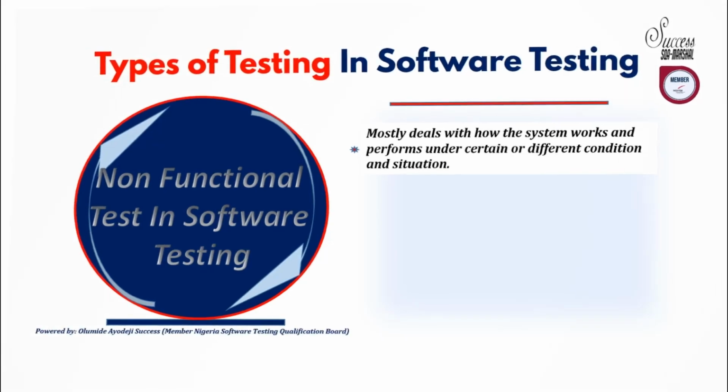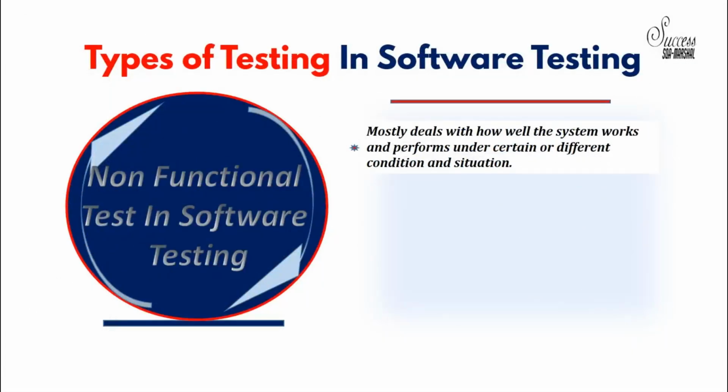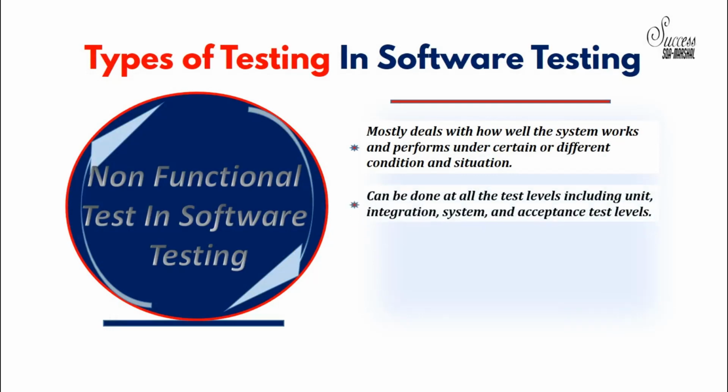Now, apart from all of this, non-functional test types can be done at different levels of the software test levels. We have the unit test level, we have integration, which can be component integration or system integration.